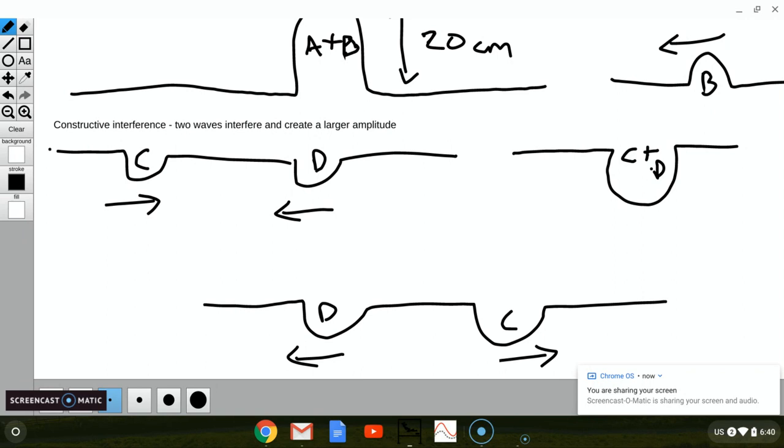And instead of sounding like 10 different voices, it sounds like one voice. And that one voice sounds very loud. This is a real life example of constructive interference. There are others, and when I get back on Friday, we'll get into those in more detail. Okay, so that's the first type.